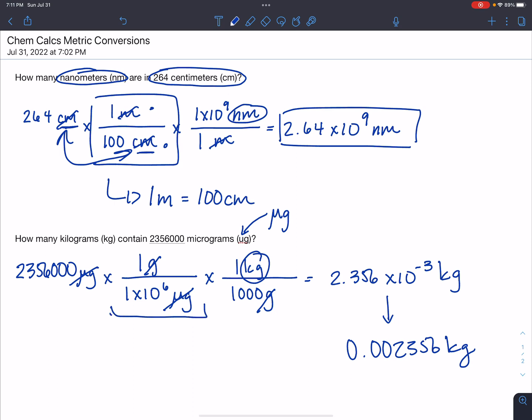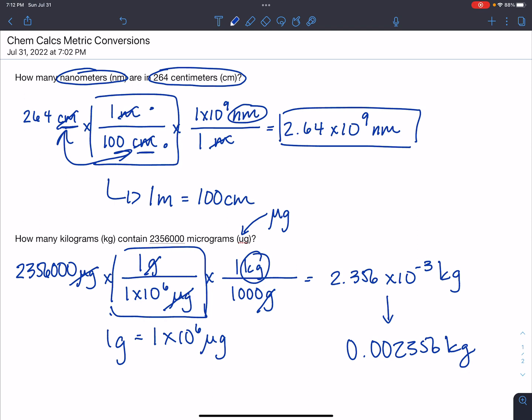This is also put together through a unit equality where 1 gram is equal to 1 times 10 to the 6th micrograms. And again, this unit equality can be written as I've done here with the gram on top and the microgram on the bottom, or reverse, depending on what I'm trying to cancel.